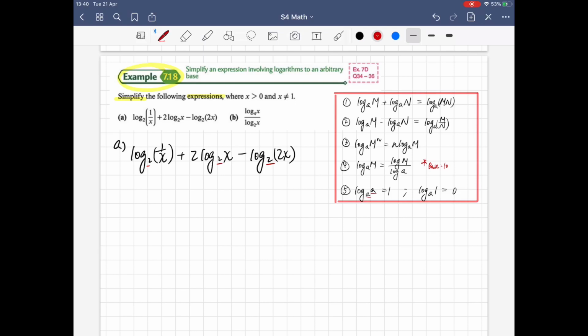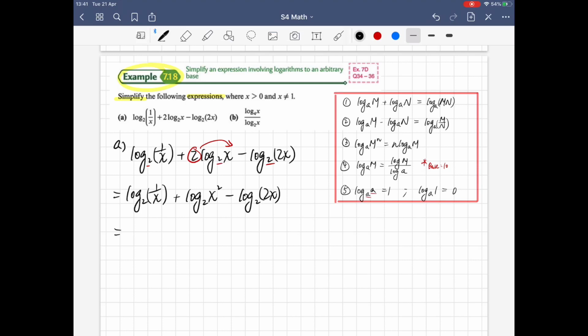And our first step, I will put the 2 in front of the log x back into the power. Okay, so that it will become log 1 over x with base 2 plus log x squared with base 2 minus log 2x with base 2.